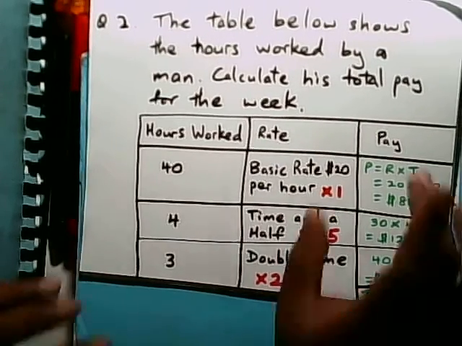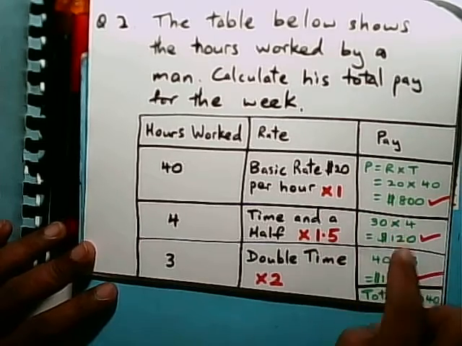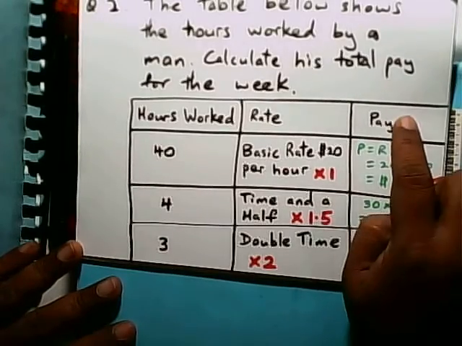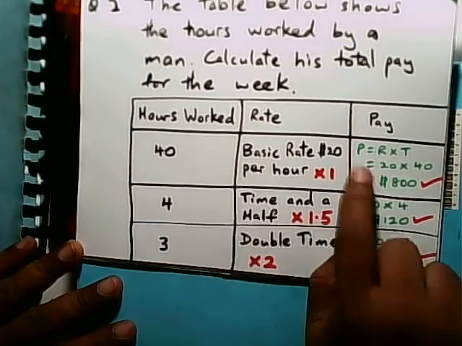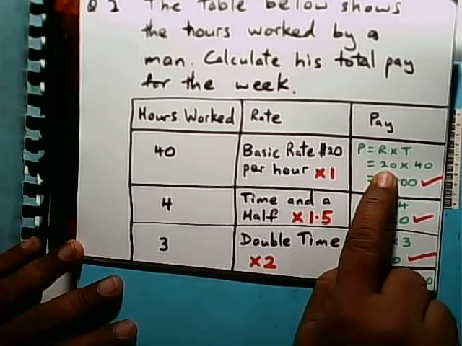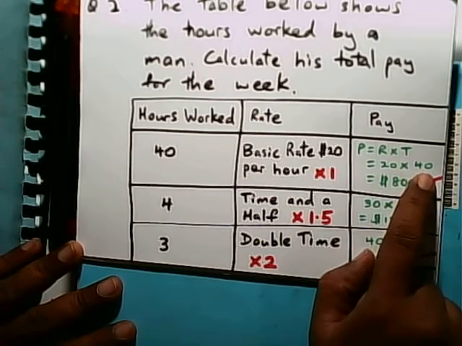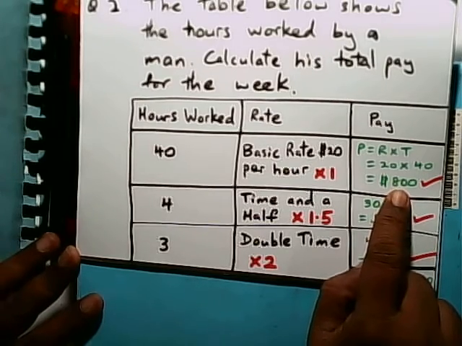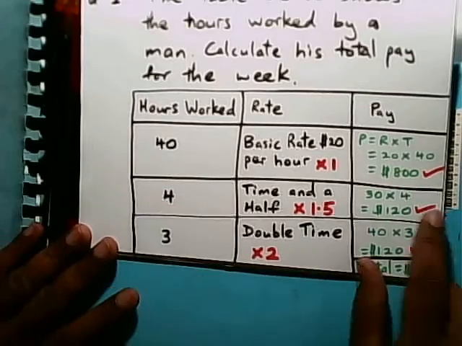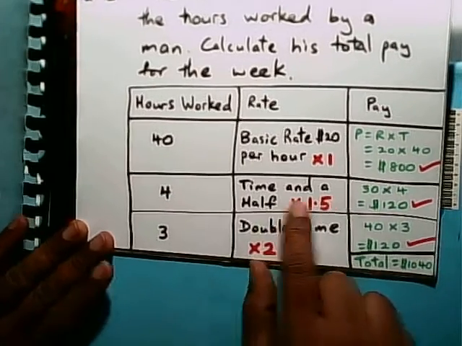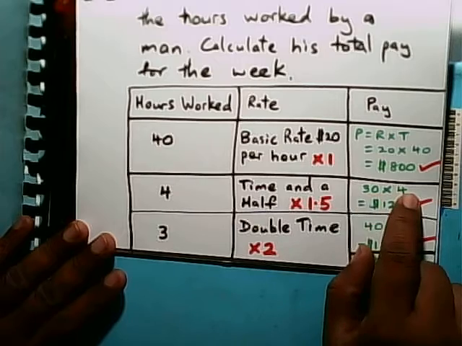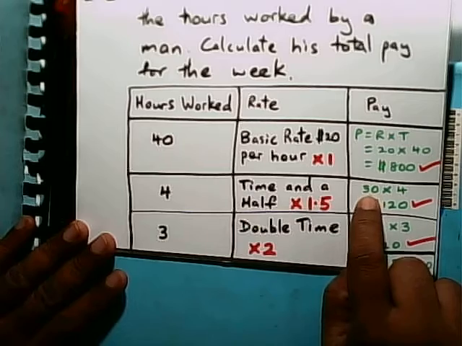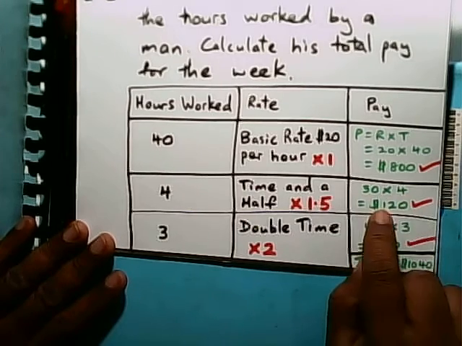So now the table had an empty spot, which I wrote in green, the answers that we had to put in. We had to work out the pay for the 40 hours. Pay is rate by time, which is 20 times 40, 800, just like what we had done earlier in step 1. Then step 2, we work out the pay for the time and a half, which is rate by time. Remember, our rate is no longer 20. Our rate is 30. 30 times 4, you get 120.